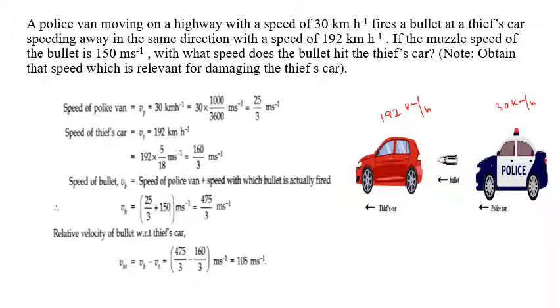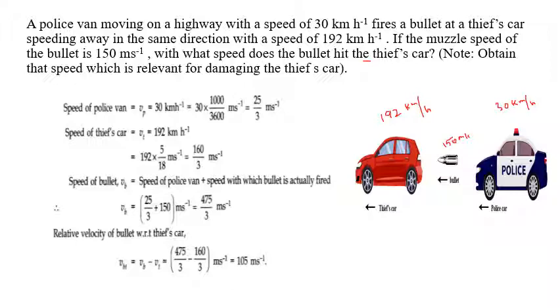So two things they have given. If the muzzle speed of the bullet is 150 meter per second, with what speed does the bullet hit the thief's car? And a note is also given: obtain the speed which is relevant for damaging the thief's car.